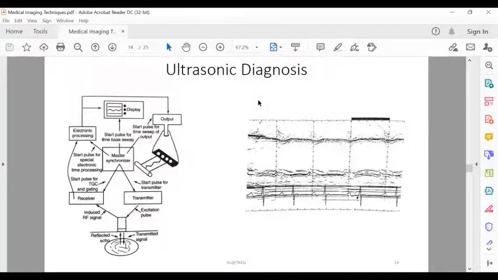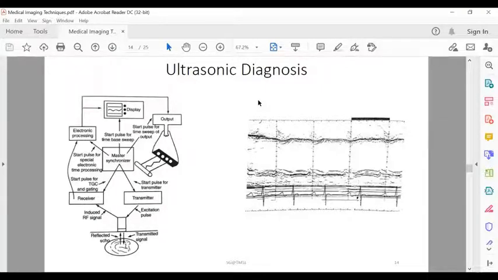So here the movements of the valves and other parts of the heart are displayed as a function of time, usually in conjunction with the electrocardiogram. This type of echocardiogram is useful in interpreting the movements of the mitral valve with respect to time, and the mobility of the valve is given as the displacement of the echo per unit time.